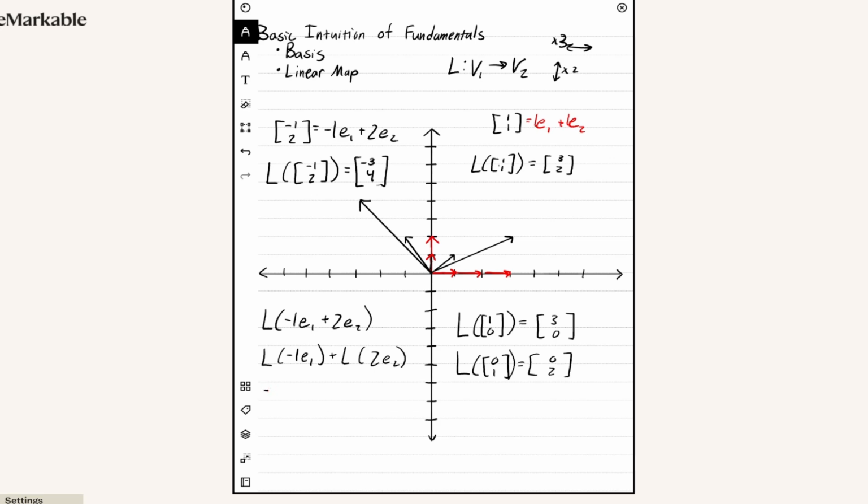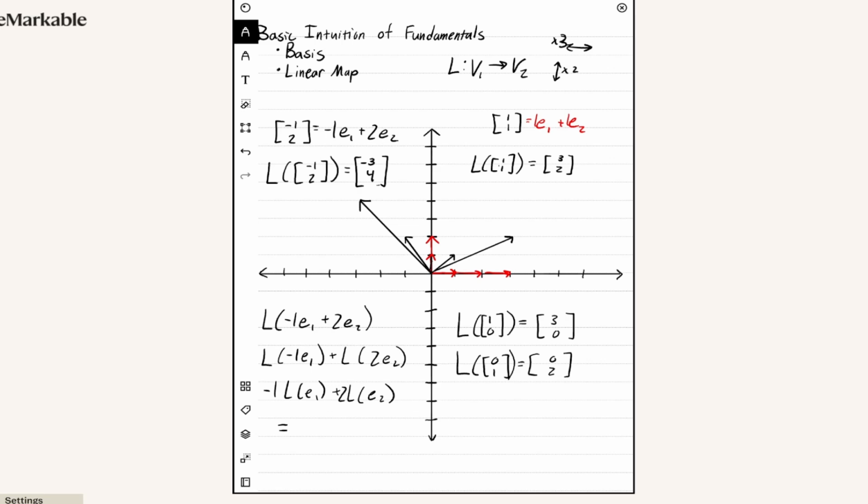And this can be broken down into this. And this really just shows that it's all based on how the linear map is defined for the basis vectors. Again, this is E1 and this is E2. It's the same as this. I could have written this as L of E1 and this as L of E2.